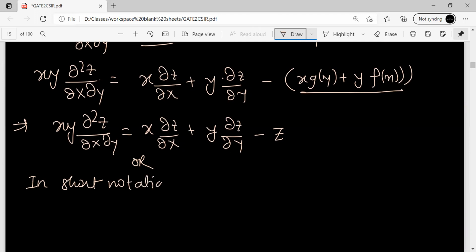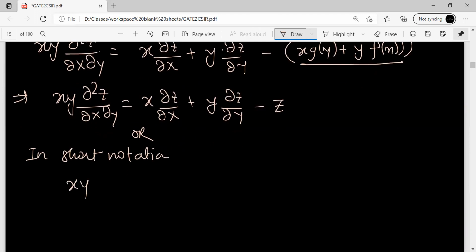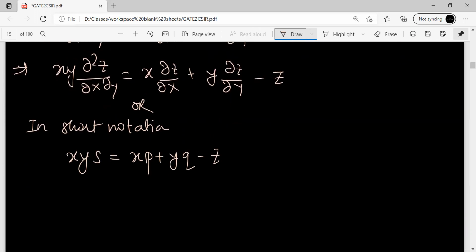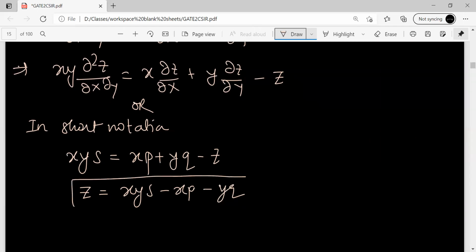So in short notation, we'll be getting s equal to xp plus yq minus z. Some people write this z equals. This is the solution.